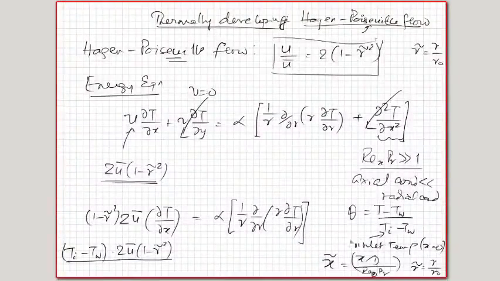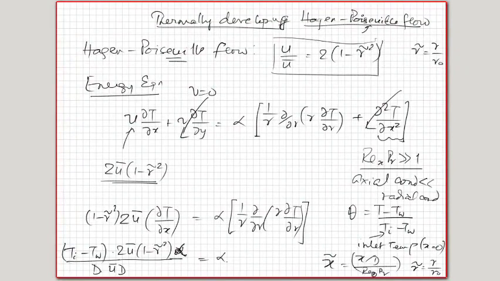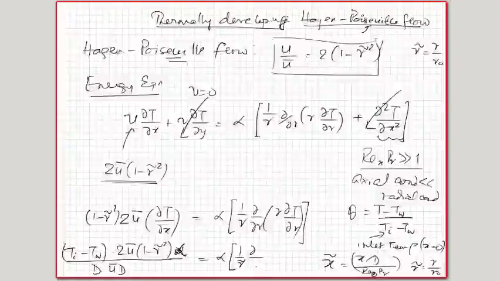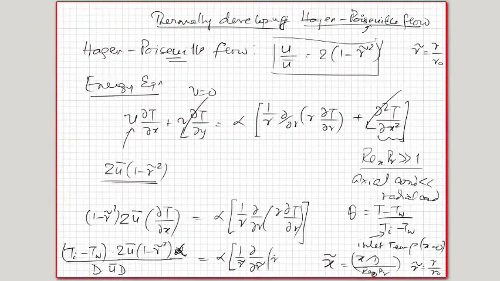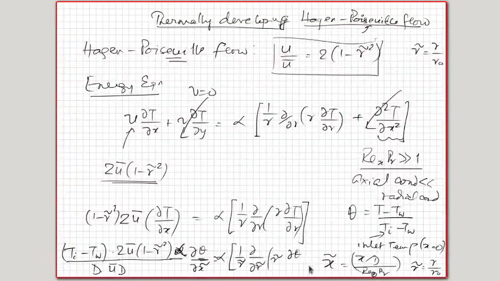If I write in terms of x tilde, it will be Re_D Pr into D. So into D Re_D Pr is u bar D by nu and nu by alpha. So this becomes alpha Re_D Pr. Okay, so this is the left hand side, that is equal to alpha times 1 by r tilde del by del r tilde into r tilde del theta by del r tilde.